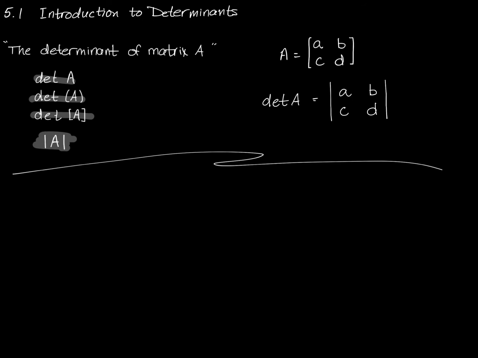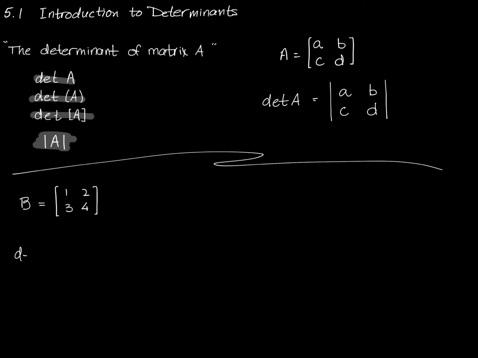Okay, let's talk a little bit about how to find the determinant of a matrix. Let's start with matrix B, and I'm going to make that the matrix 1, 2, 3, 4. Then let me rewrite that.